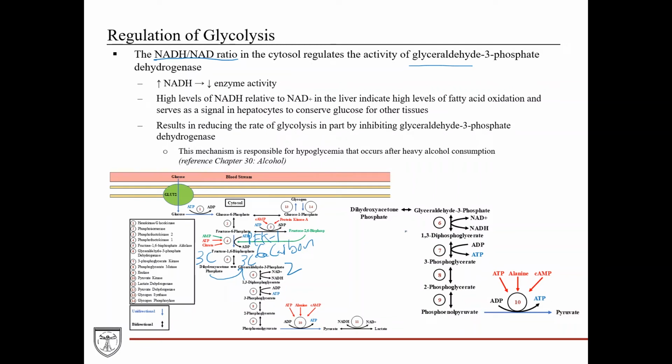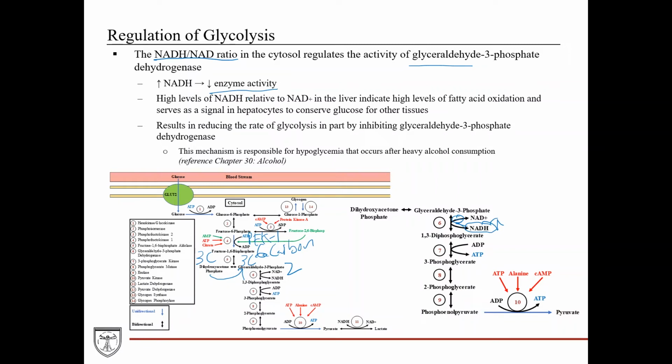Now, to blow up this reaction, we show it here. Here's glyceraldehyde 3-phosphate. This is catalyzed by glyceraldehyde 3-phosphate dehydrogenase, and this produces NADH. So this NADH to NAD ratio regulates this enzyme's activity. And actually, when you have increased levels of NADH, it decreases the activity of the enzyme, as we indicate here.